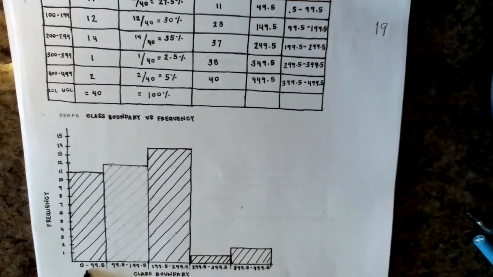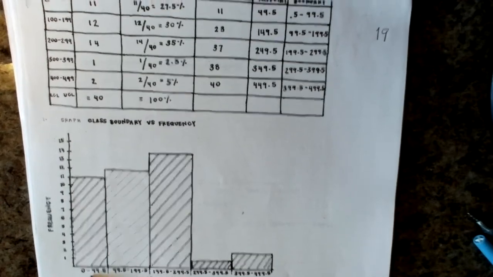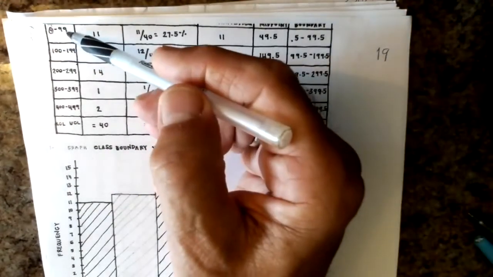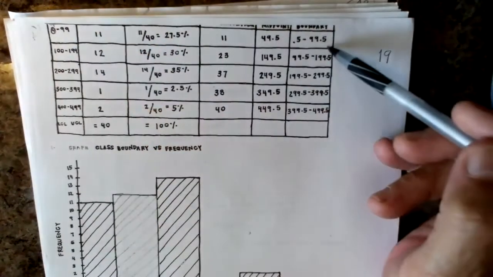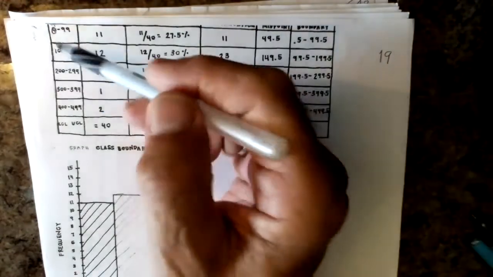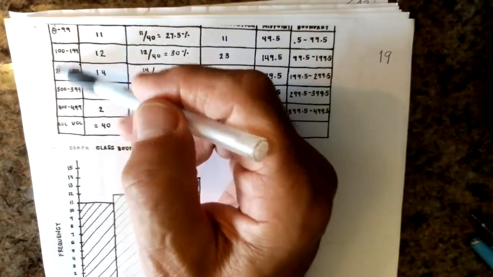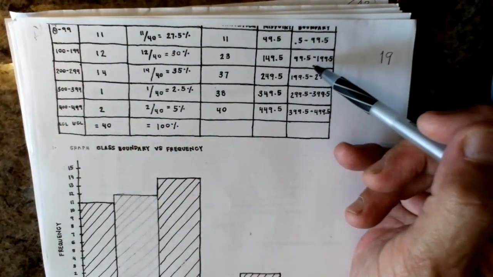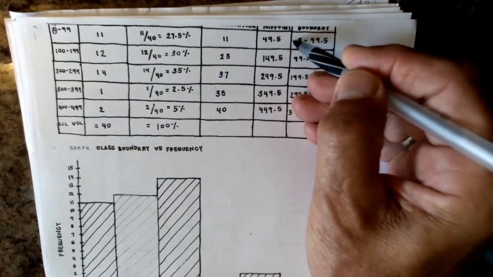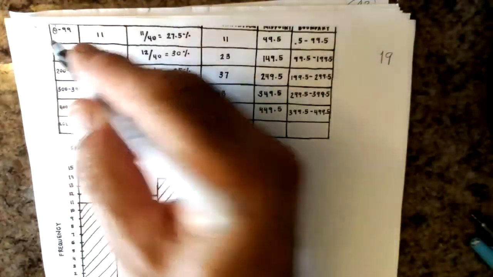See how we have it? When I add 0.5 here, what do you have? You have 99.5, 199.5, right? But when you subtract 0.5 from this number, this should be minus 0.5, because you're subtracting from 5.